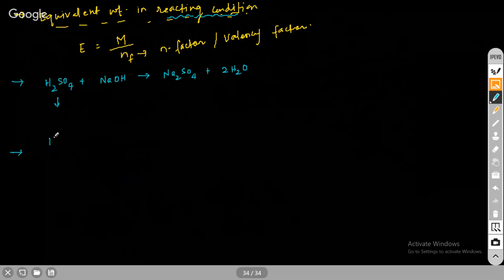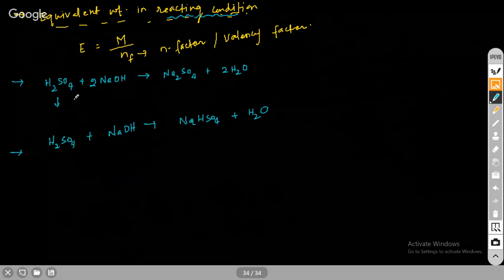This one you see: H2SO4 plus NaOH, but in this the product is NaHSO4 plus H2O. The balanced reaction will have 2 NaOH in the first one. This one is balanced already. Now, H2SO4 has the ability to donate 2 H plus ions, right?